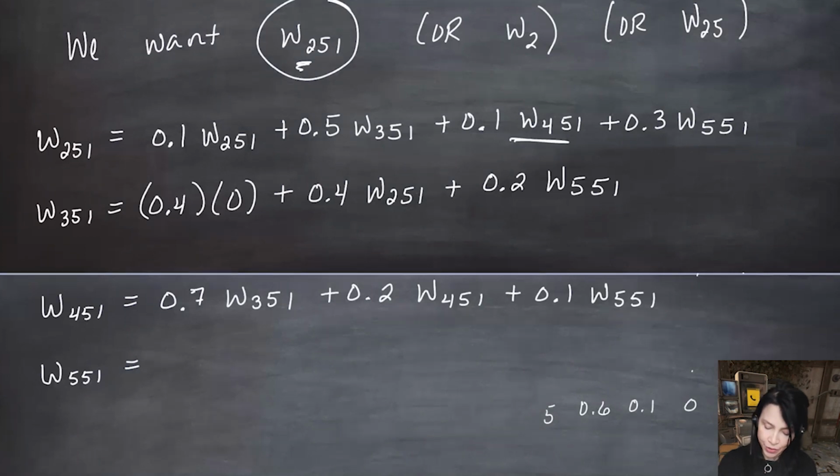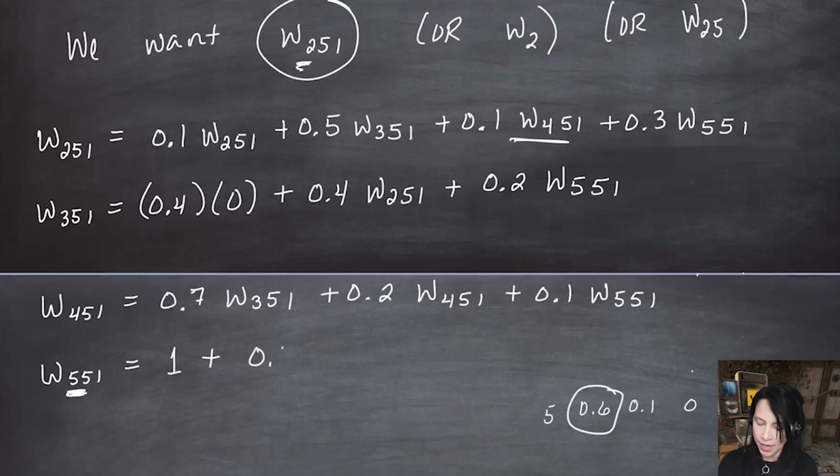We've started at 5, so I get a 1 plus. In this 3 subscript notation, I get that whenever these first 2 indices are the same. Starting at 5, I'm counting the hits on 5 before I hit 1, and we already have one because we started at 5. Now with probability 0.6, we have gone to state 1 and it's over. We're going to count 0 more hits on 5.